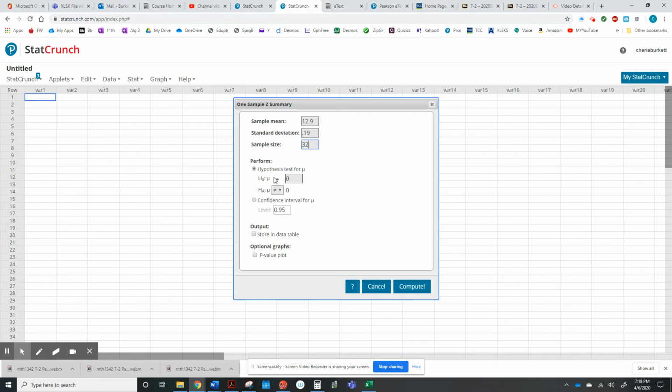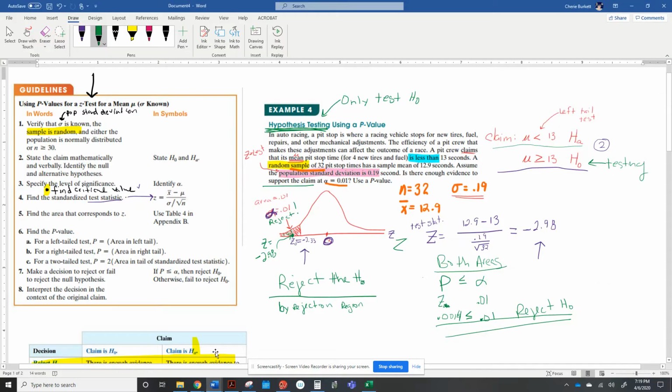Now, remember, the null hypothesis always contains equality. So don't worry that it's equal right here, rather than greater than or equal to. They're not going to put that symbol here. We'll worry about the symbol down here in the alternative hypothesis. So all you have to do right here is put this number, whatever this number is. So we have equal to 13.